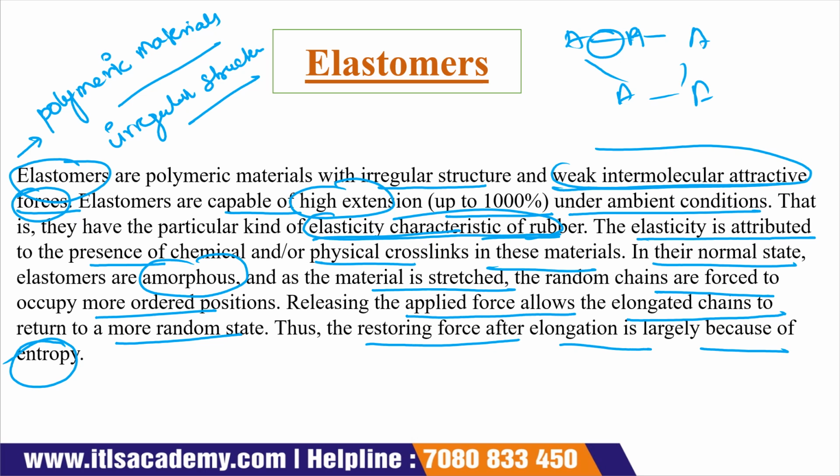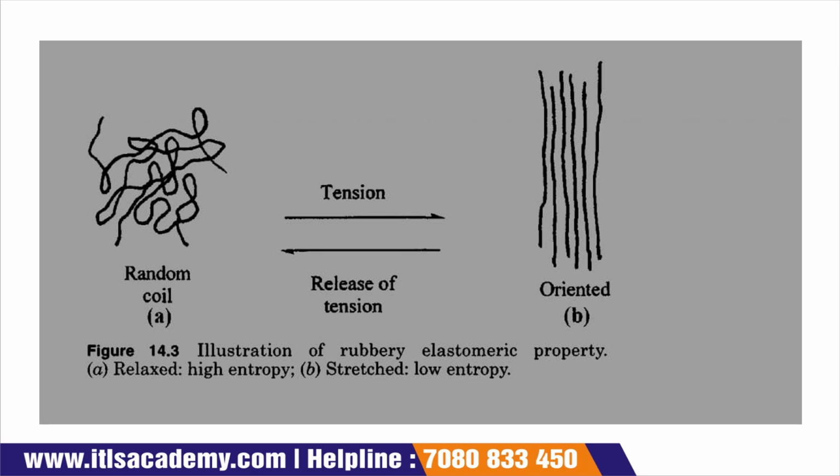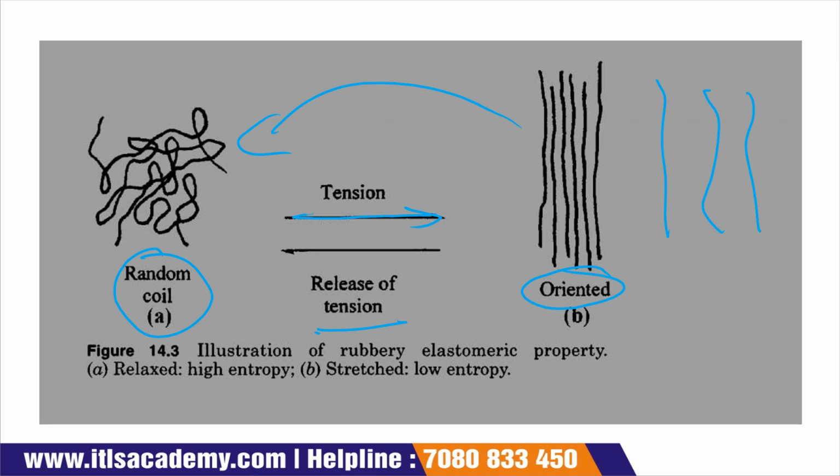Now come to the next slide. See, here it is a random coil. Now here, if tension is created, then it will be oriented like this. Now when the tension is released, then again it goes back to the normal one. Here the diagram represents an illustration of rubbery elastomeric property. Here A is in the relaxed form, without any tension.